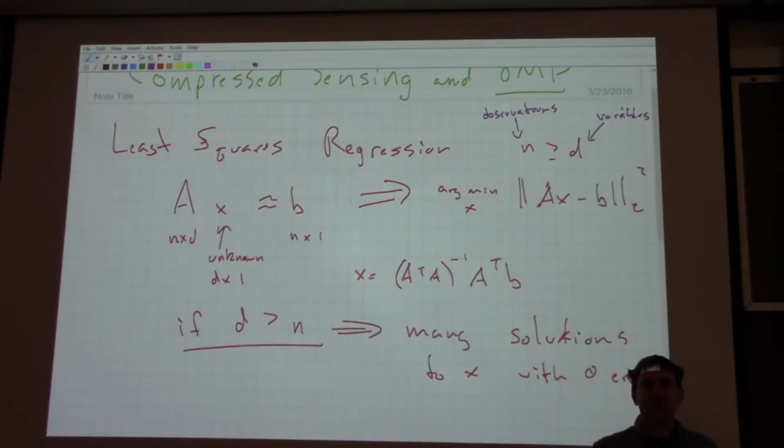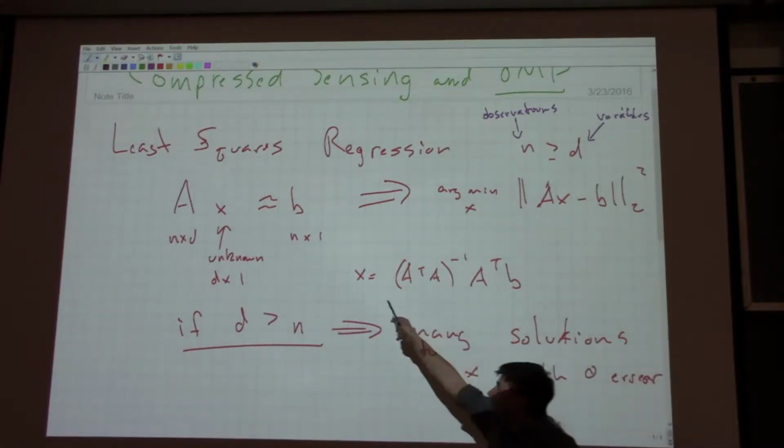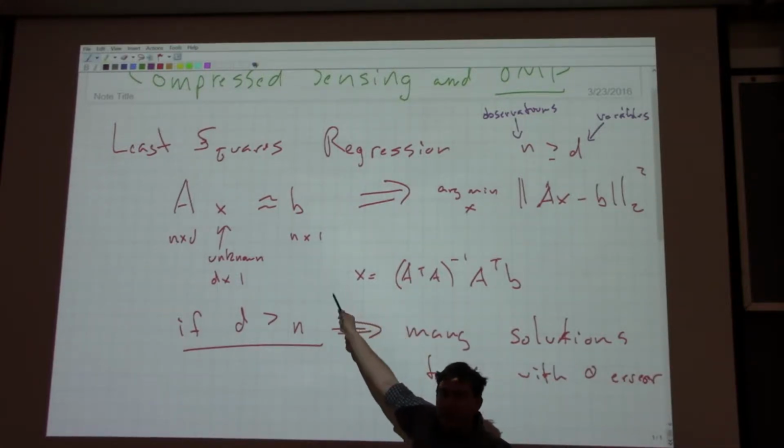And so I'm trying to predict what your grade is at the end of the class based on all these strange properties. So b is going to be the grade at the end of the class. So I'm trying to predict that.